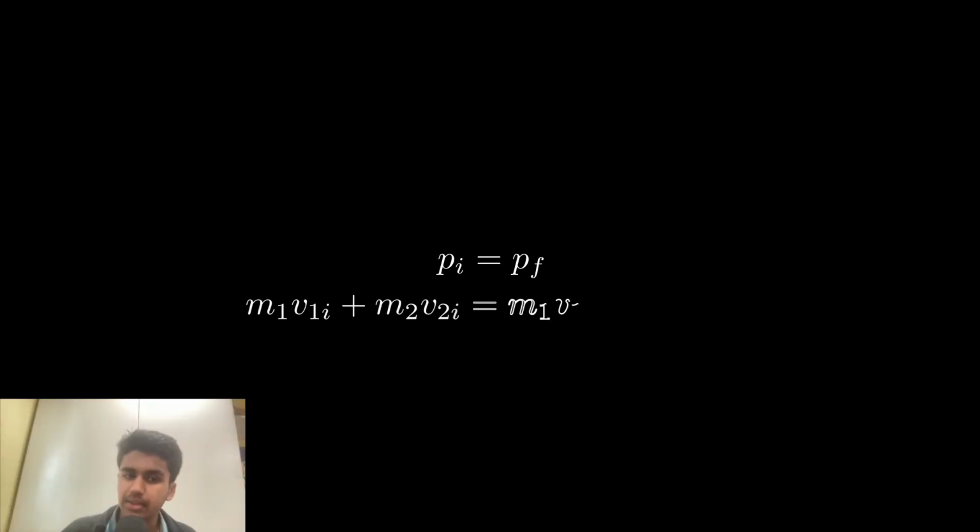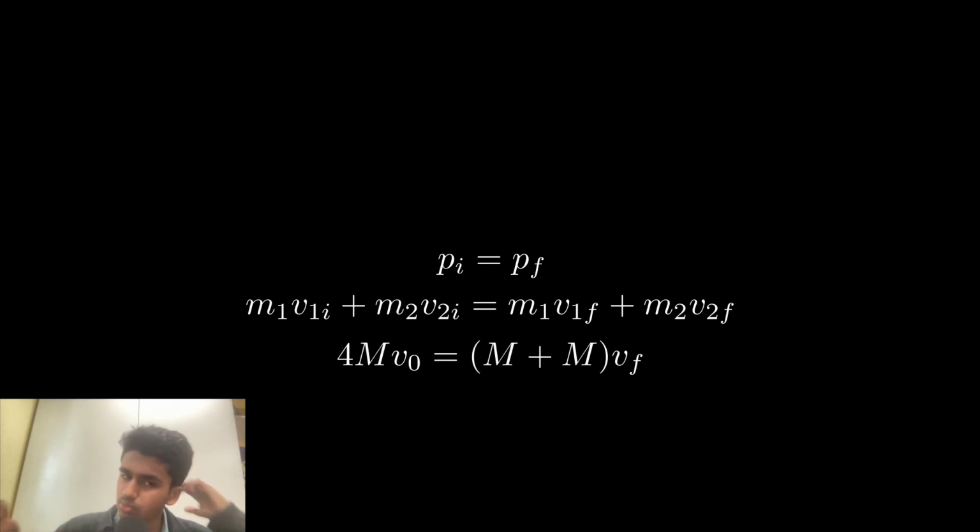Since there are no net external forces, momentum is conserved, which means that initial momentum equals final momentum. And then we just use our equation for conservation of momentum. We multiply each mass's initial velocity by its mass, we sum it up, and then we find the final velocities, multiply by the mass, and sum it up.